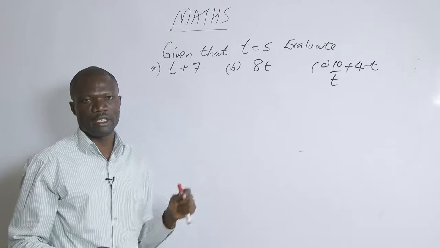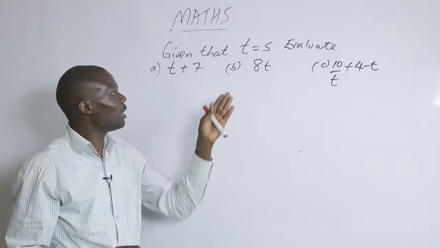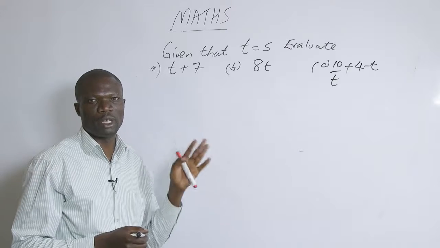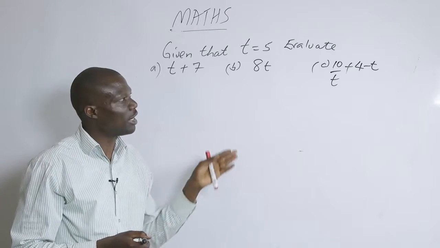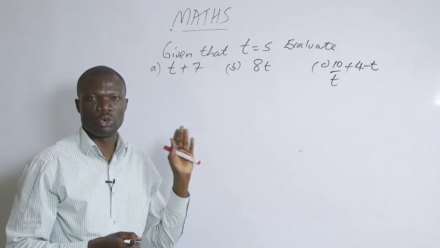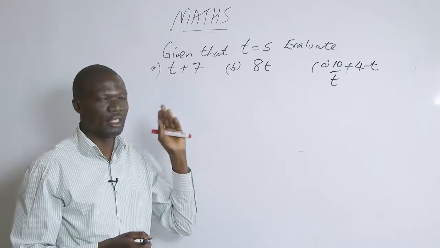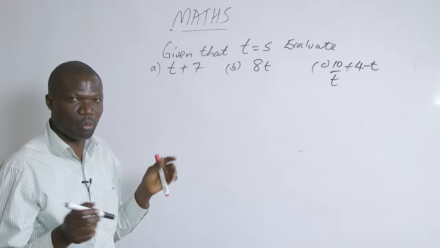Given that t is equal to 5, evaluate t plus 7, 8t, and 10 over t plus 4 minus t. So we shall start with the first one. This is about substitution.